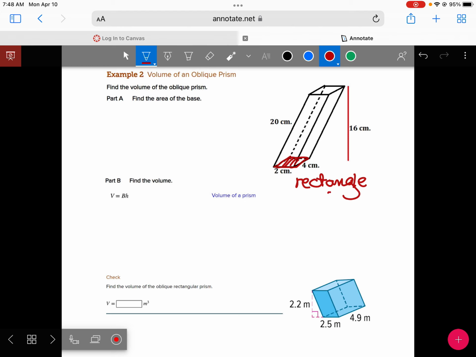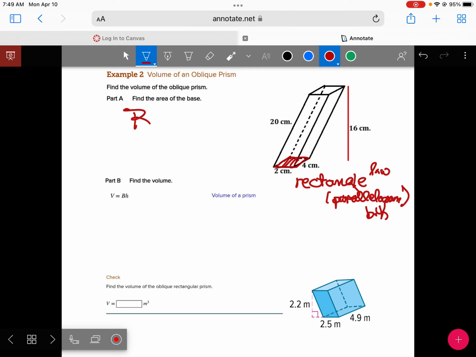It could be a parallelogram. It's kind of hard to tell, but it's the area of that base. And for a rectangle, it's length times width. And for a parallelogram, it's base times your height. So they're both essentially the same thing.